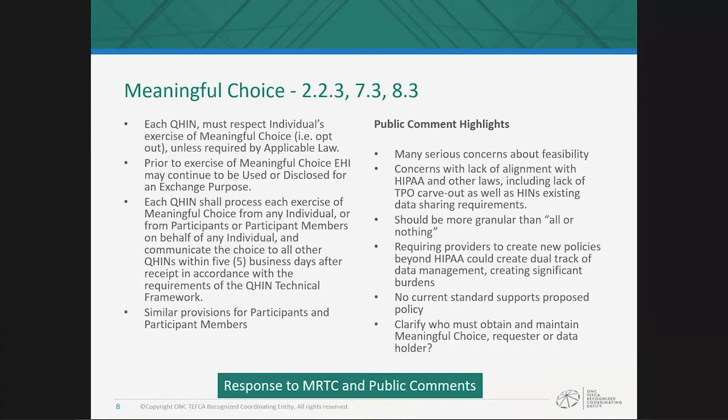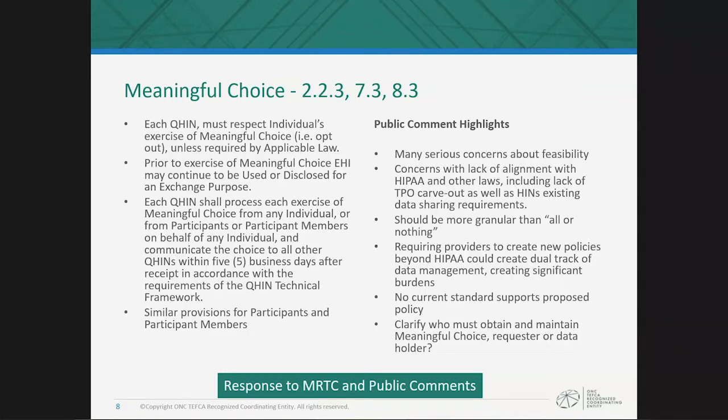This is all tied to situations in which an individual has made their meaningful choice known. You don't have to telepathically intuit that. But the point, and I think it's very important, is that the MRTCs are putting an exclamation point on meaningful choice, and saying to the industry, hey, this is important.